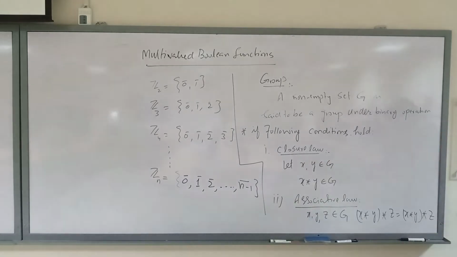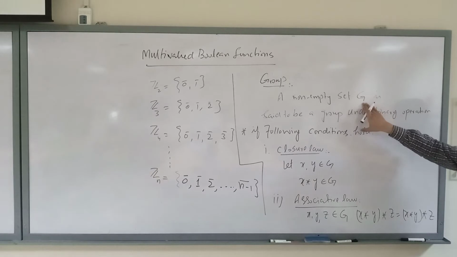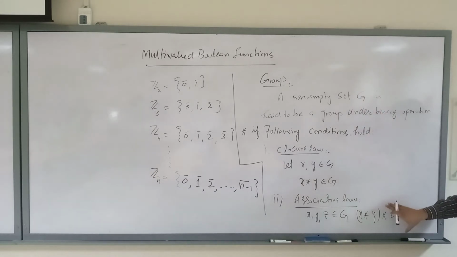I mean to say, if you multiply the first two elements and then the third one, or multiply the last two first and then the first one, it is the same. In that case, we can say this set G satisfies the law of associativity.